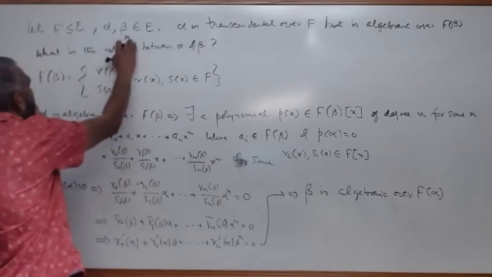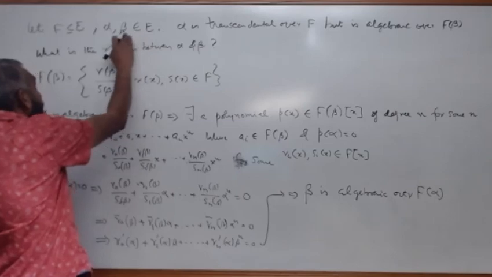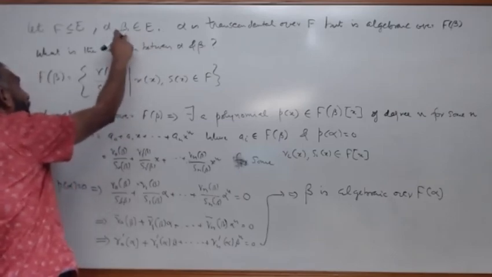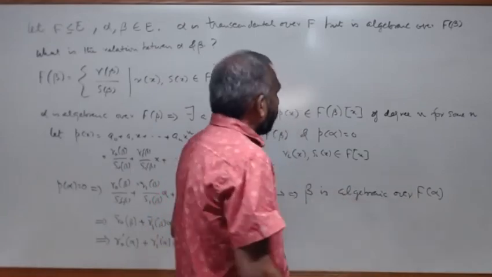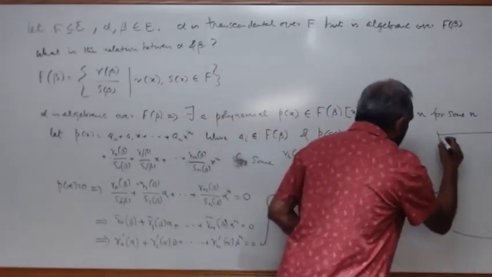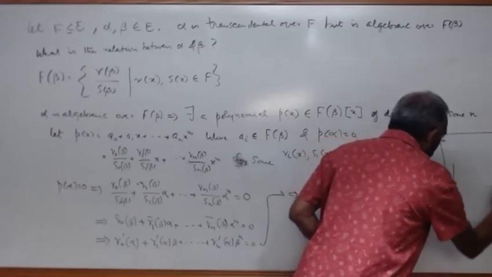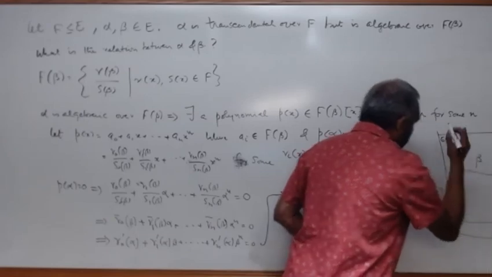If alpha and beta belong to E and alpha is algebraic over F of beta, then beta is algebraic over F of alpha. If you draw a picture like this, E, this is F, alpha here, beta here.